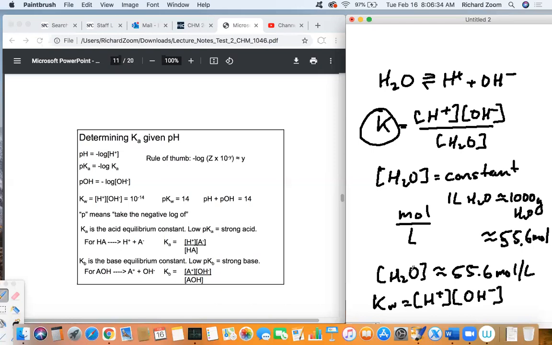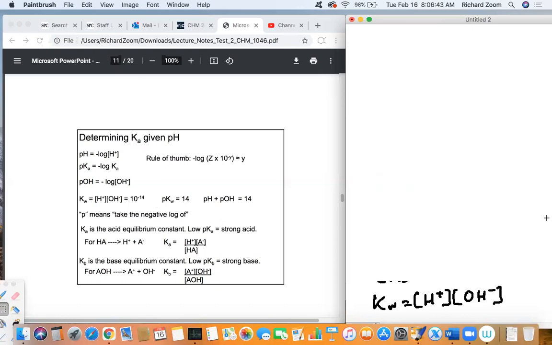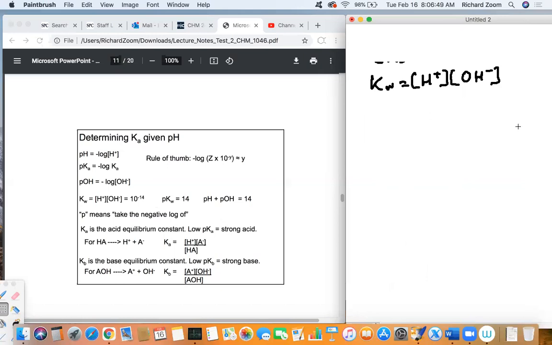Now we can do a little bit more math here. And we can say that Kw actually has a value of 10 to the negative 14.